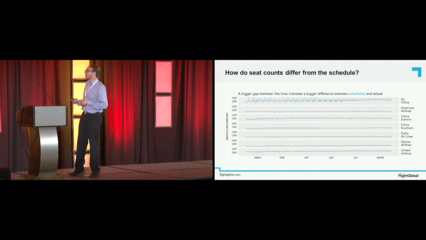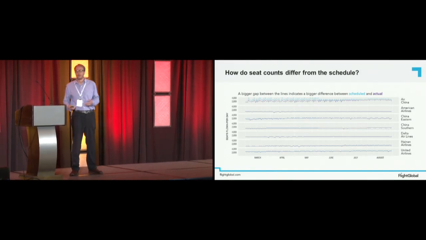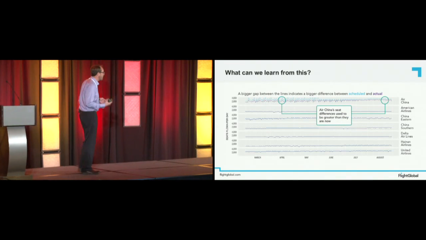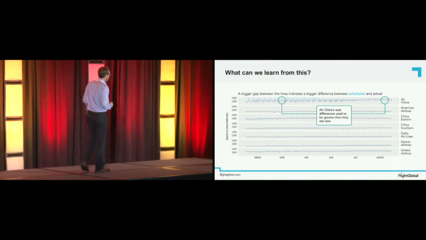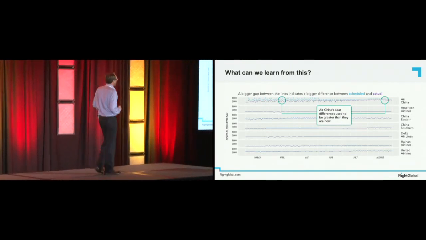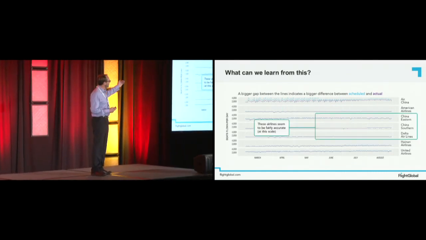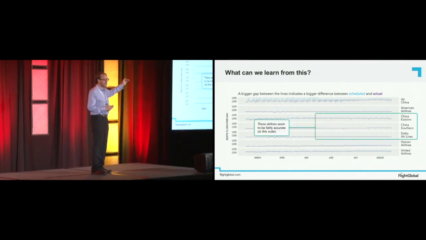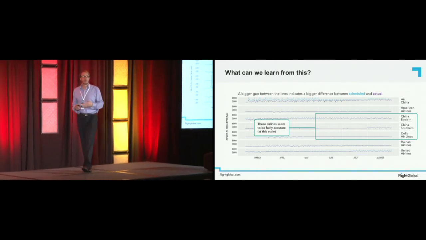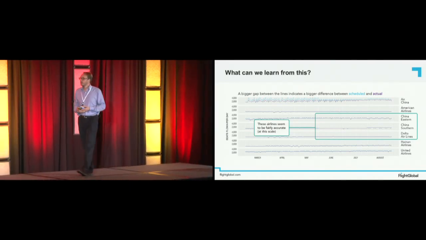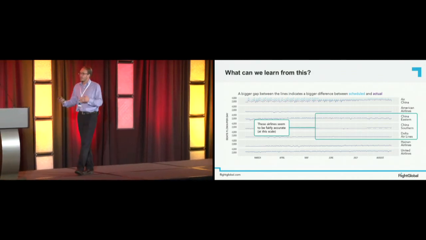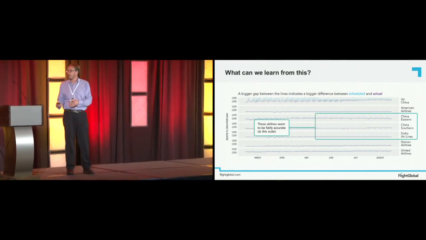So the thing to pick out really is the bigger the gap, the bigger the miscalculation that you're working off. And so from looking at this graph, if the lines map, then presumably the airline is being truthful. It's saying, I'm planning on flying this, and I actually am flying this.